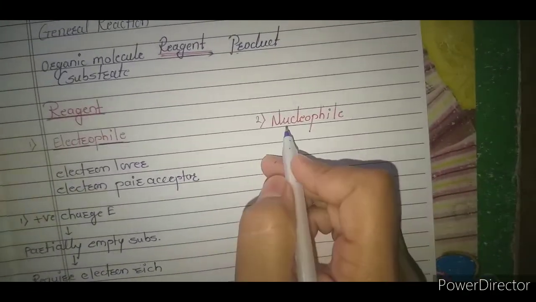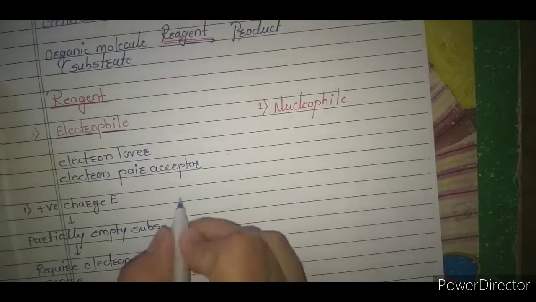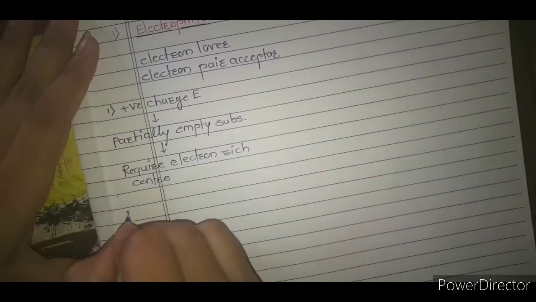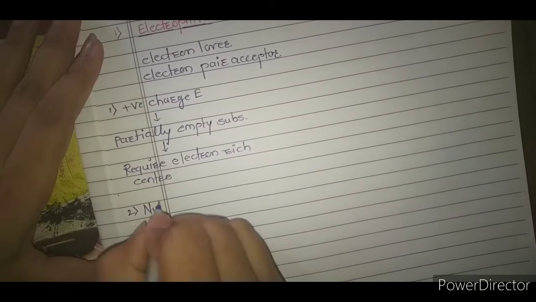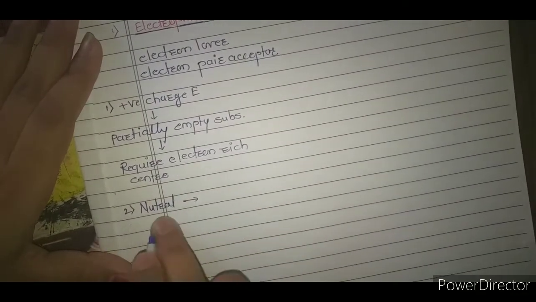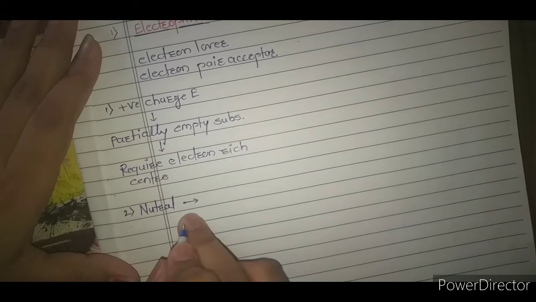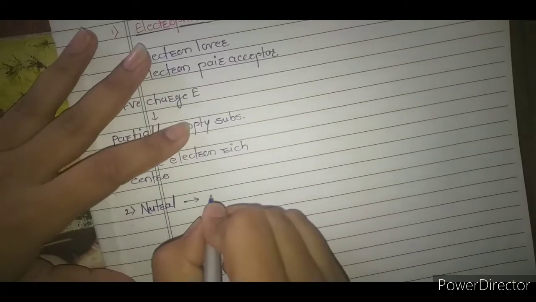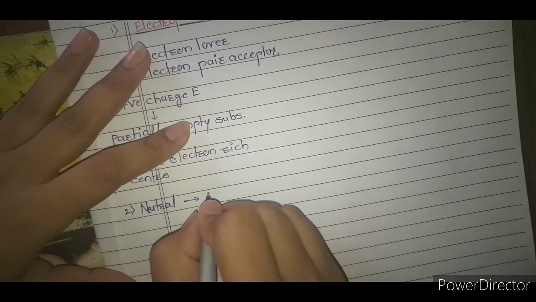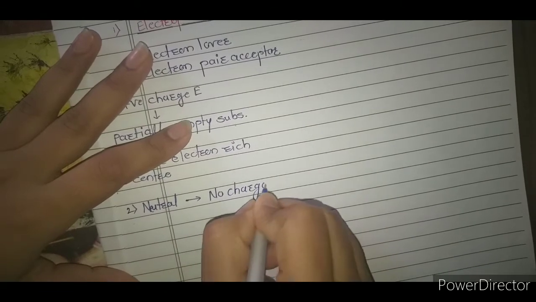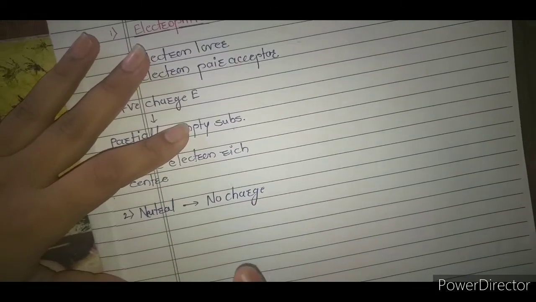Okay, so next class of electrophile is neutral. Okay, so this neutral electrophile does not have a charge on the atom or molecule.